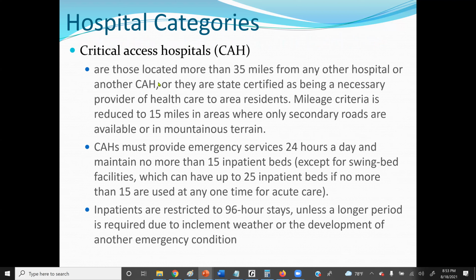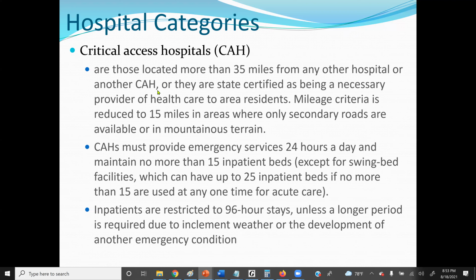And for hospital categories, here we have critical access hospitals, which represents CAH. These are normally hospitals that are located more than 35 miles from any other hospital or another CAH. So must be at least 35 miles away from any hospital.